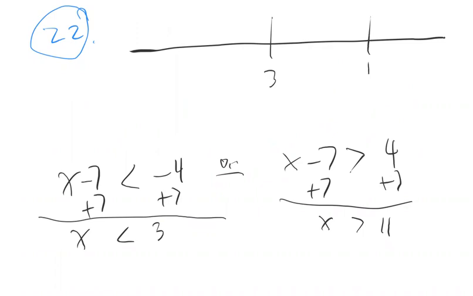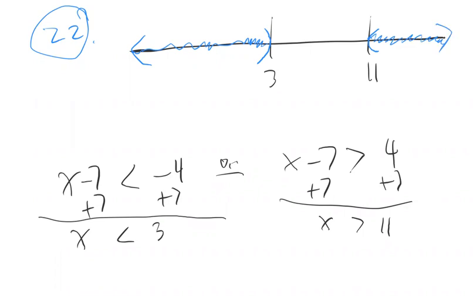The other side is 11. So everything below 3 but not quite touching 3 is shaded. Then everything above 11, whoops, I'm sorry, I touched 11, just hold on a second. So everything above 11, but not quite touching 11, all those things are shaded as well. Yeah. So there's two different halves.